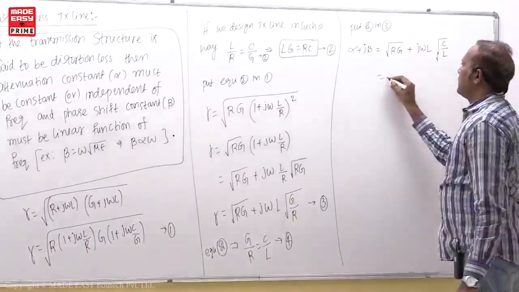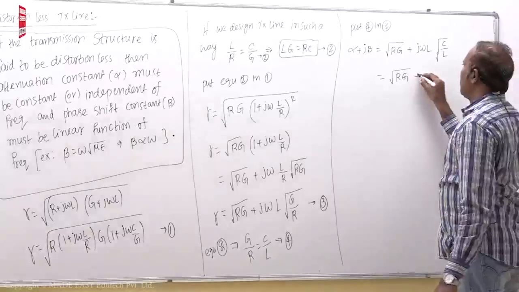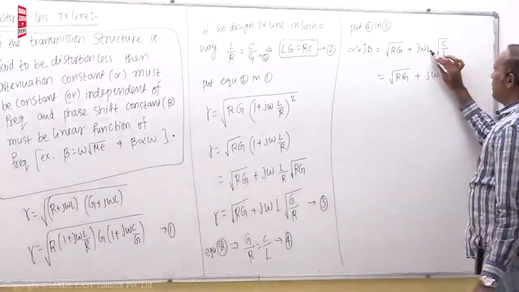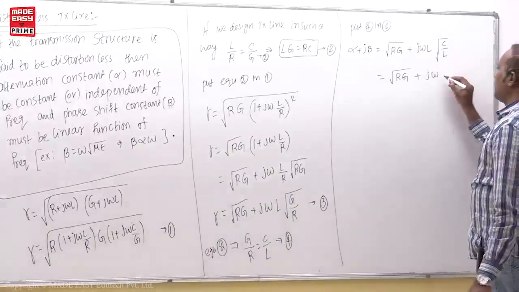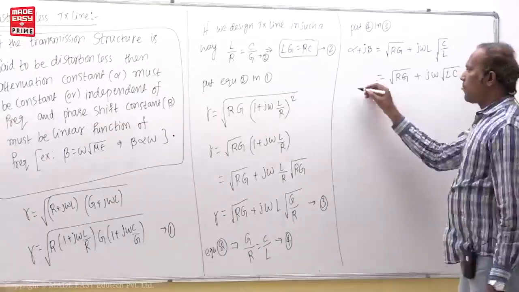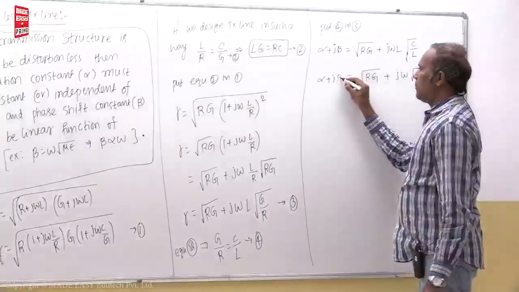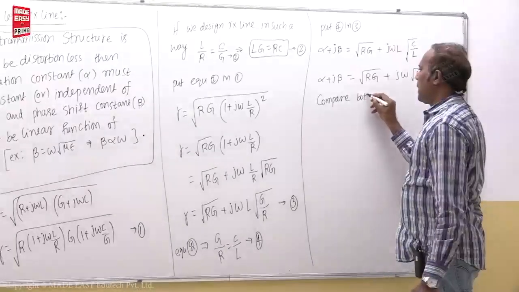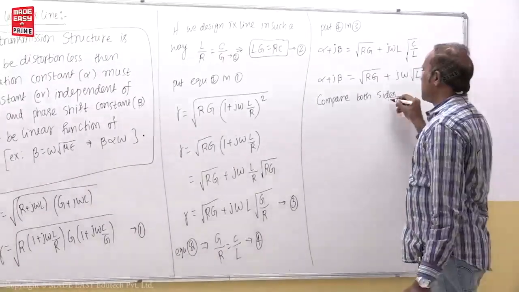Now what is this? This is equal to root RG plus j omega. Here it goes inside root of L square, so that L and L cancel, root LC you get. So alpha plus j beta. Compare both sides.